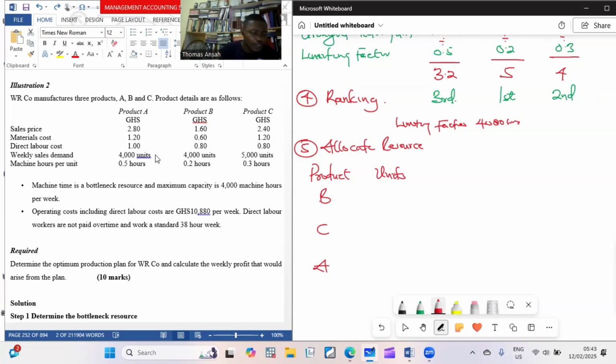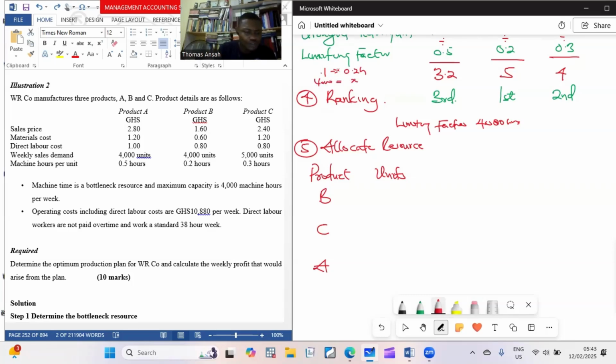If 1 unit is equal to 0.2 hours, 4,000 will be equal to what? If 1 unit machine hour is 0.2 hours, how much would 4,000 be?